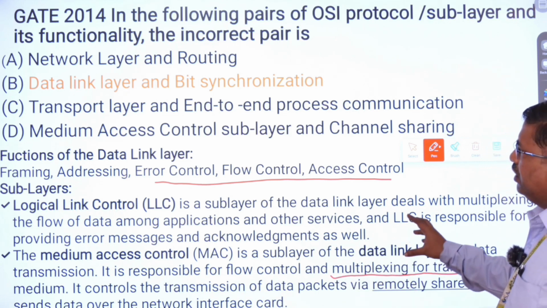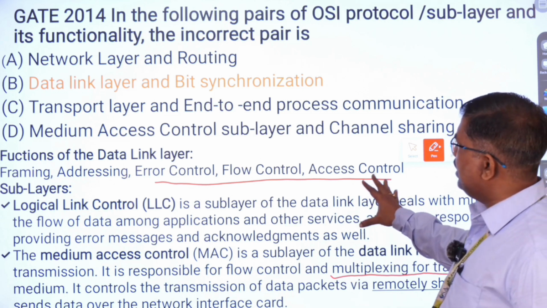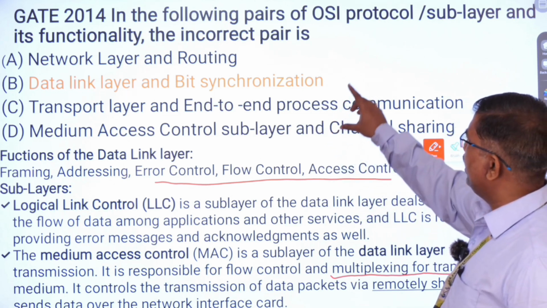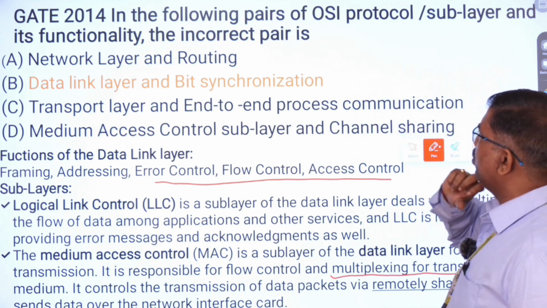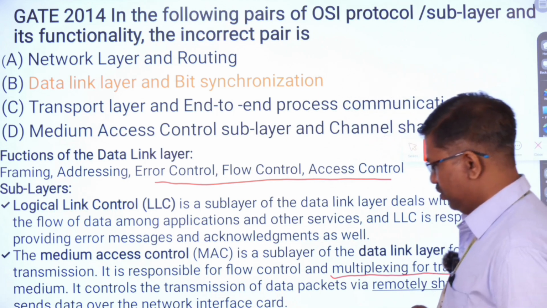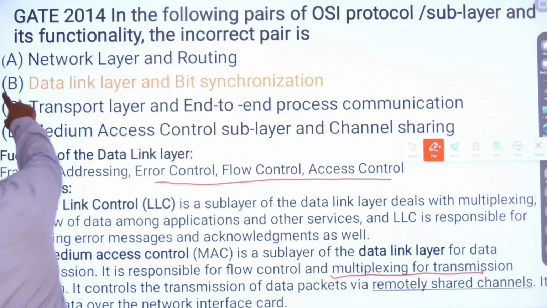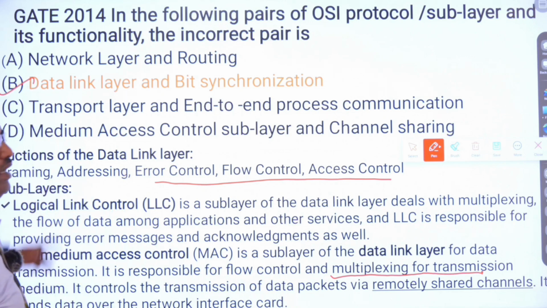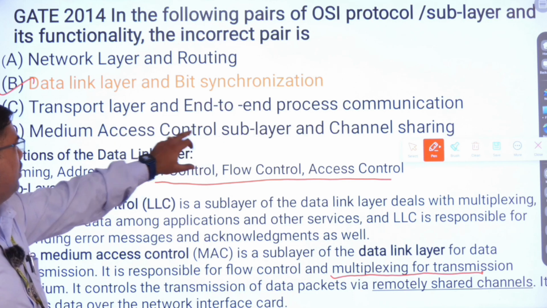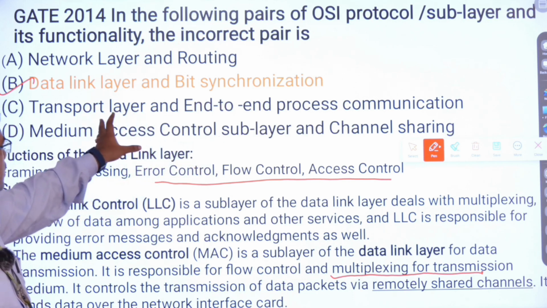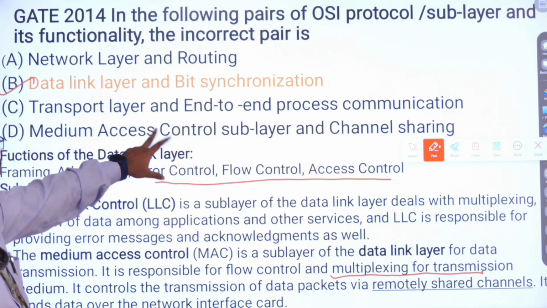So when you are analyzing these four answers, in the following, OSI protocol sublayer and functionality, which one is the incorrect pair? Option B is the incorrect pair. The network layer and router are interconnected well. Transport layer and end-to-end process communication, there is also a connection between the two parts.